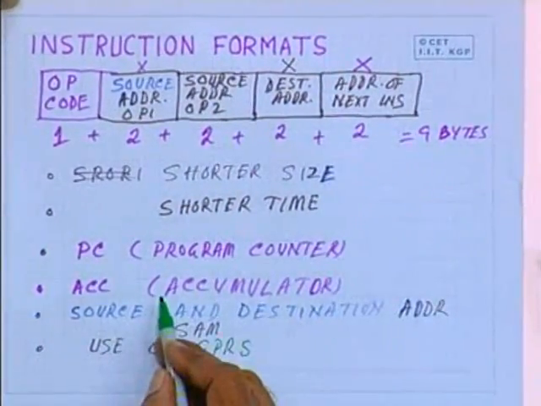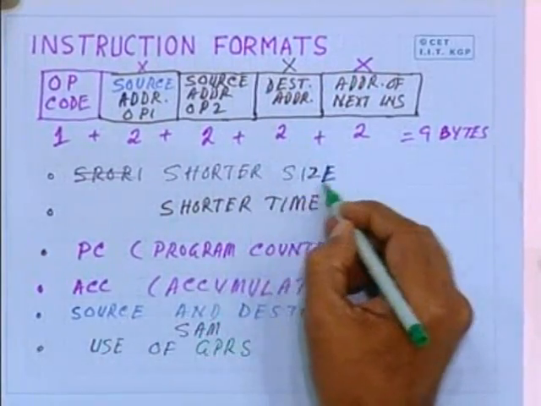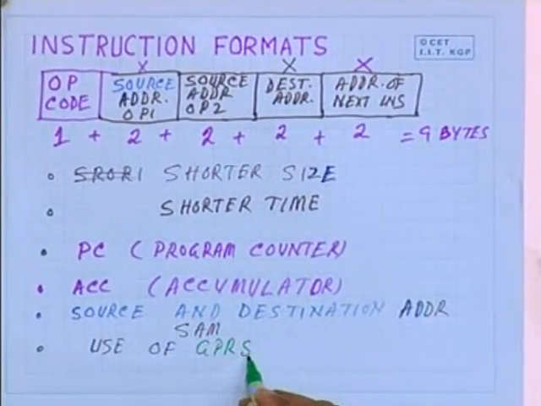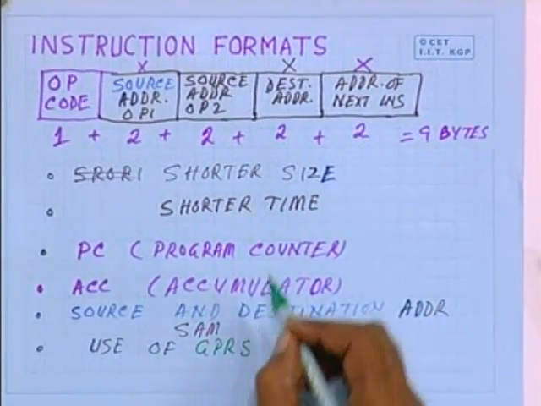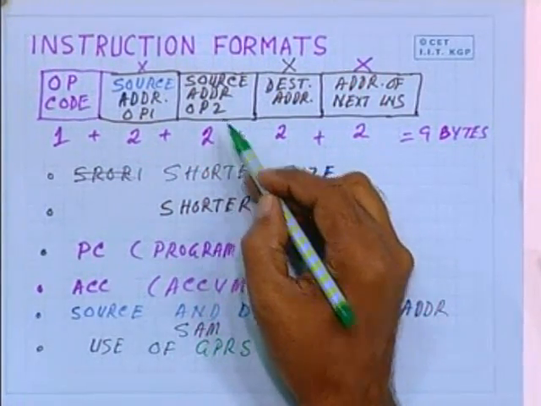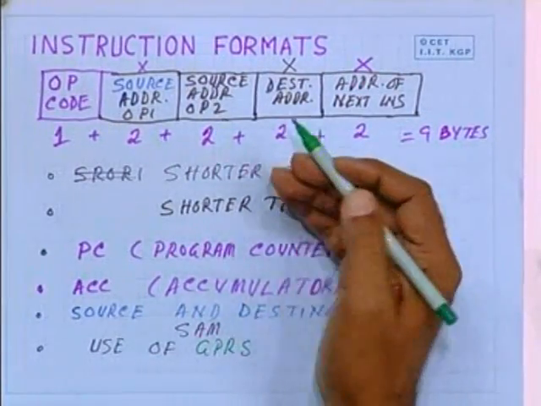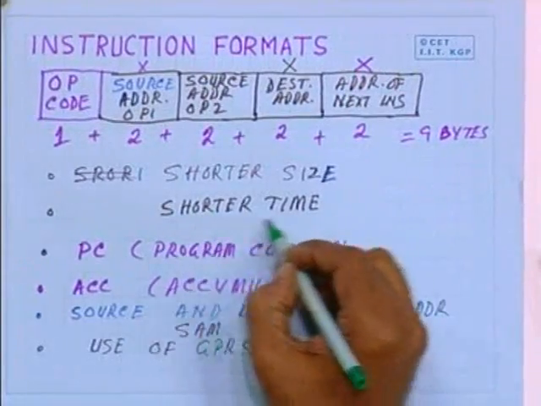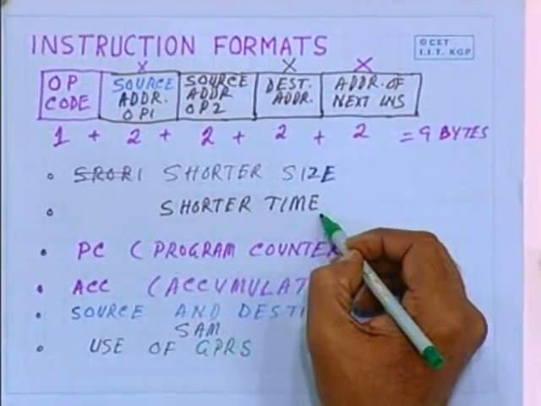So this is how you can reduce the size of the instruction, and you will see whenever you use the general purpose registers as the source of operand 2, then the time required to fetch the operand from the memory will be reduced. So it will take shorter time to execute.